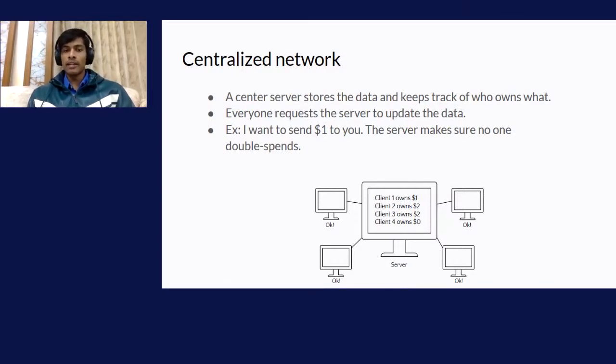So this is simply an update in a database. And the server, which in this case is the bank, makes sure that you cannot double spend. And when I say double spend, it means let's say you have 1 rupee, you can't give it to two people at the same time. So this is the job of the banking server to ensure.